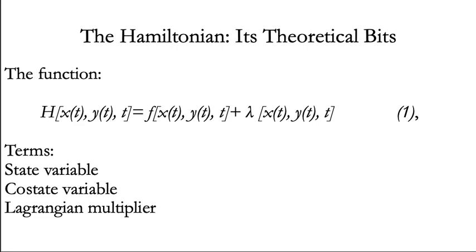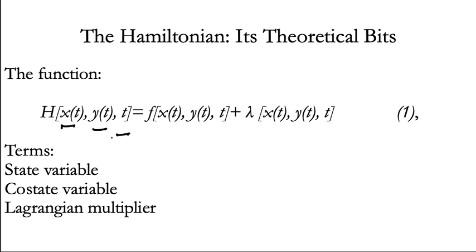If you look at expression 1 here, you can see the Hamiltonian function is a function of x and a function of y and a function of t. T here refers to time. Now, you can see here, x is also a function of time. So x can change over time.